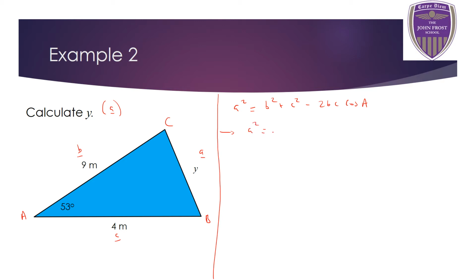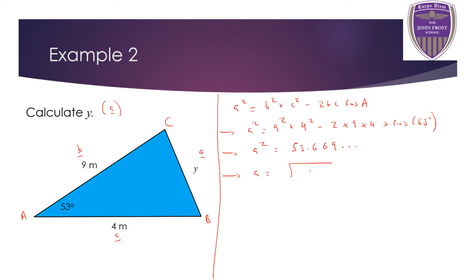Substitute in. So 9 squared. This is easy, isn't it? 2 times 9 times 4 times cosine 53 degrees. Work this lump out. 9 squared plus 4 squared take away 2 times 9 times 4 times cos 53 close bracket gives me 53.669 and so on.